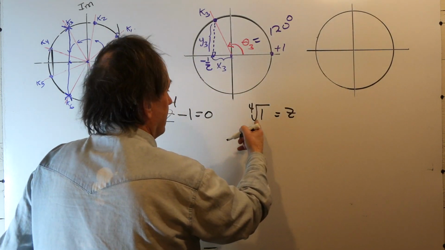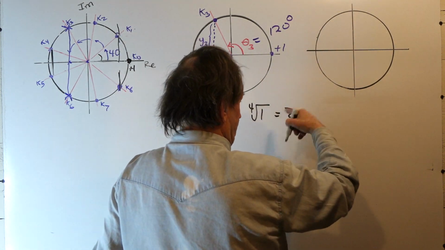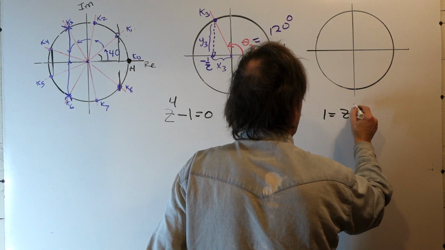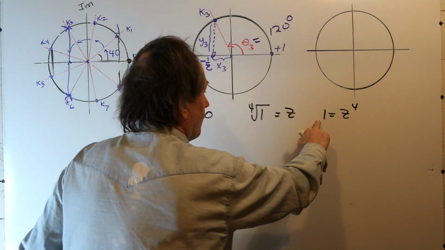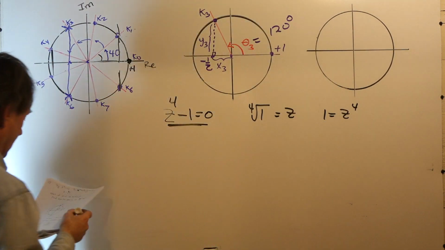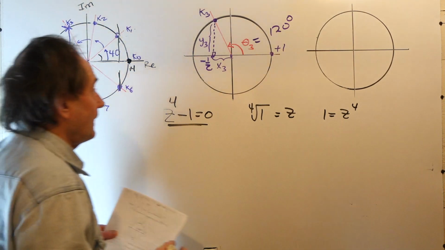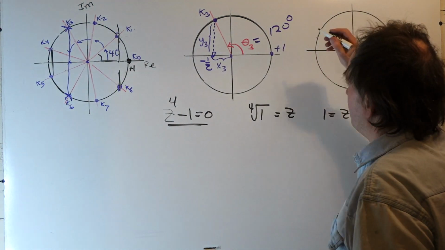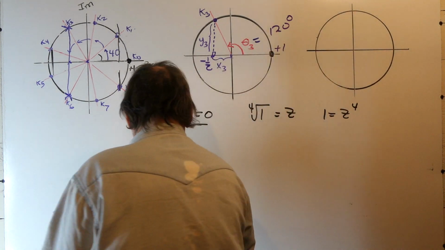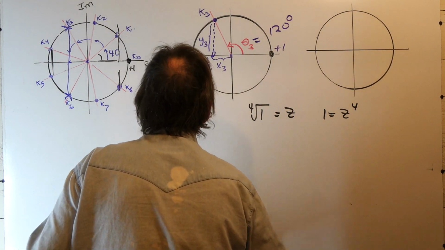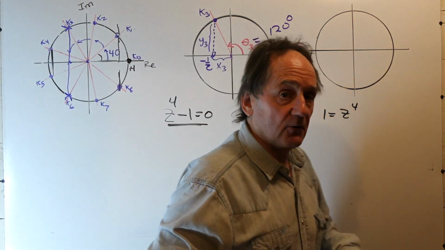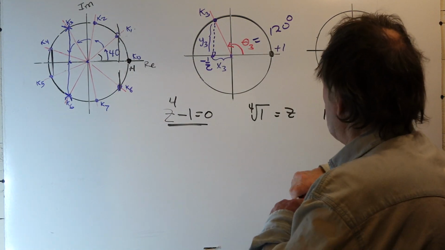We can raise each side to the fourth power, so we get 1 equals z to the fourth, and then we subtract 1 from each side. We end up with this equation, this polynomial. Now, again, we start with our anchor point at +1. We know that root exists. For any equation of this form, regardless of what the power is, we're always guaranteed that one of the roots is at +1.